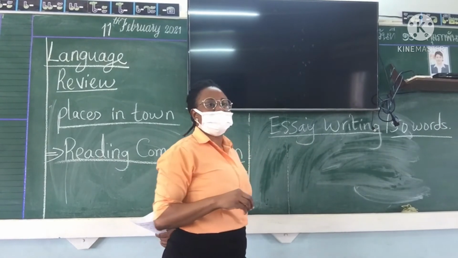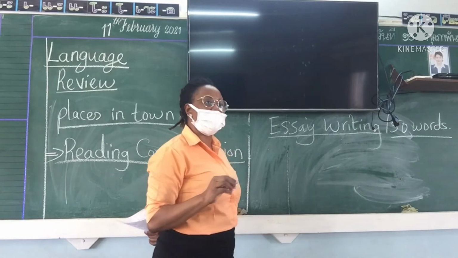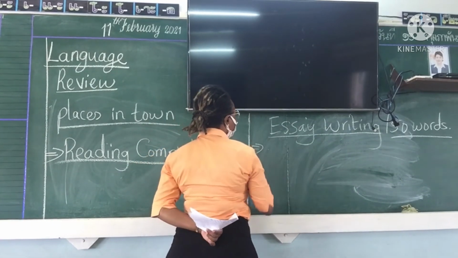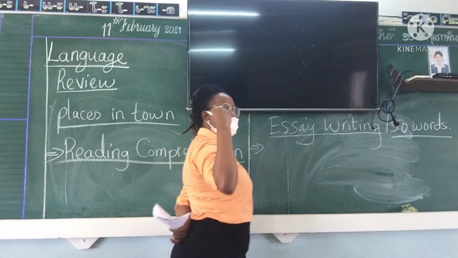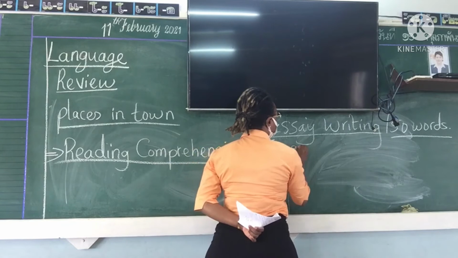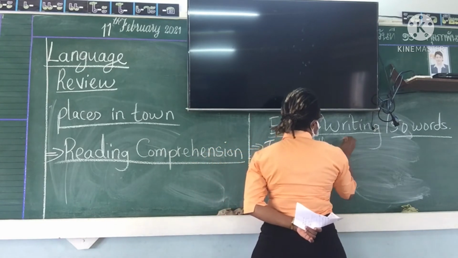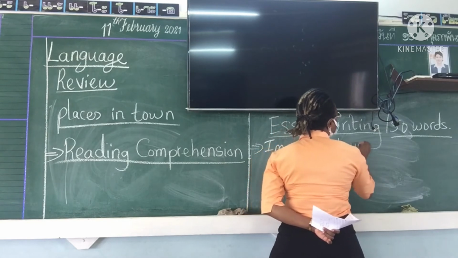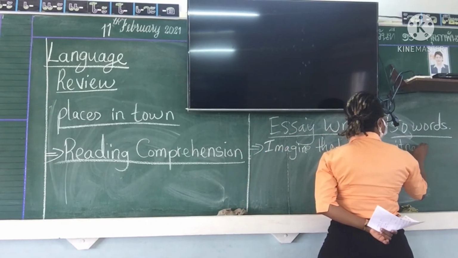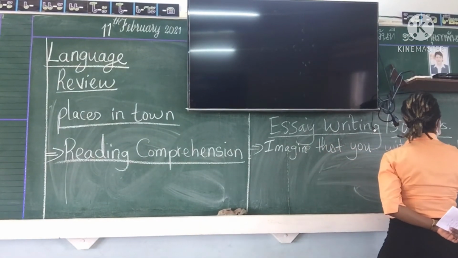What is the first thing? Our topic is about a robbery that you witnessed. For example, if you are asked to write: imagine that you witness a robbery.